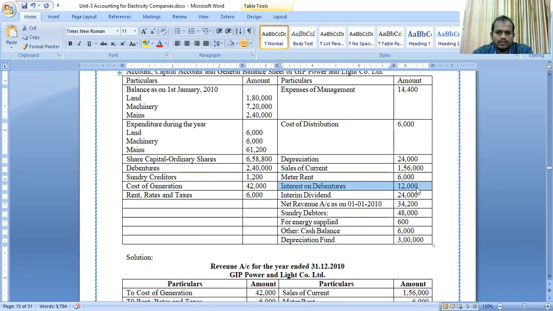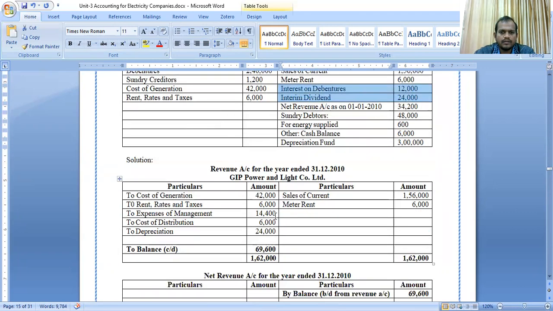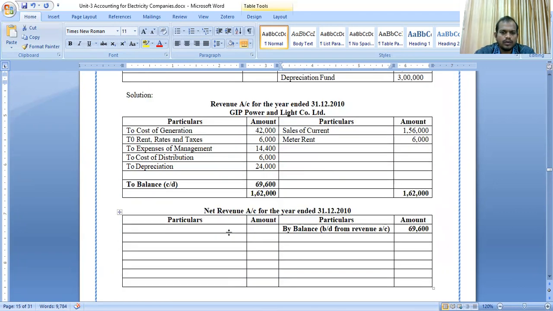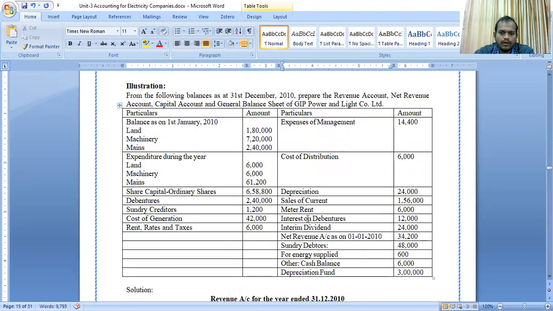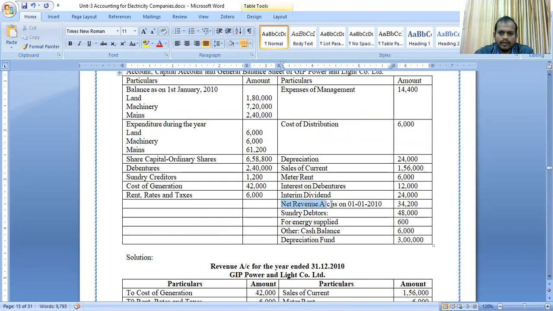This is the charge, interim dividend. These two items we have to mention in the debit side of the net revenue account. So these are the charges against the profit. And one more balance, opening balance of net revenue account.